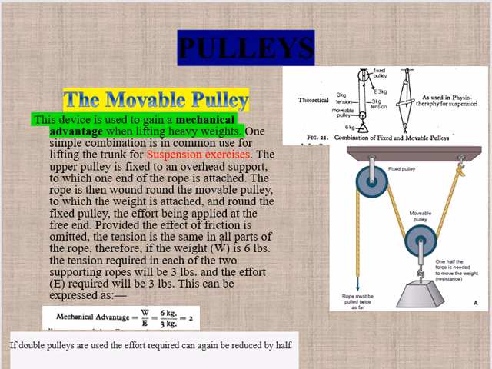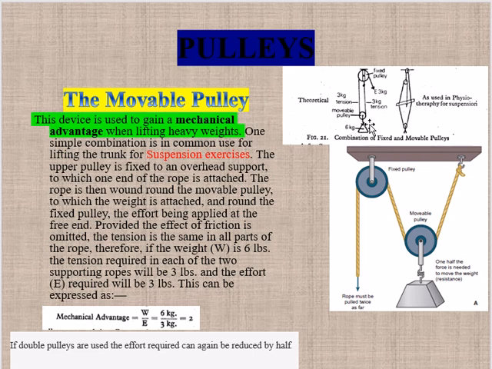We can say tension is the same in all parts of the rope. Therefore, if the weight is 6 kg, the tension required in each of the two supporting ropes will be 3 kg, and the effort required will therefore be the same, 3 kg. This can be expressed as mechanical advantage equals weight divided by effort.